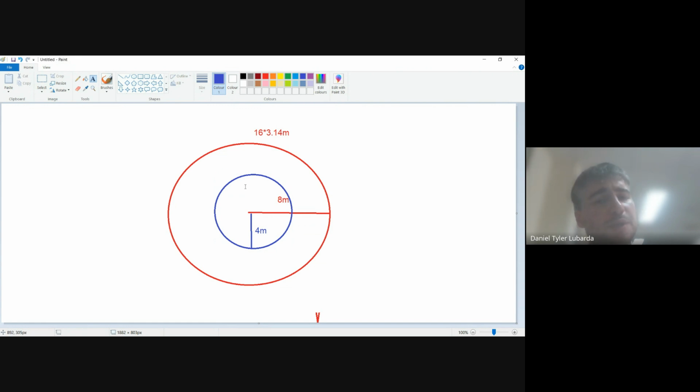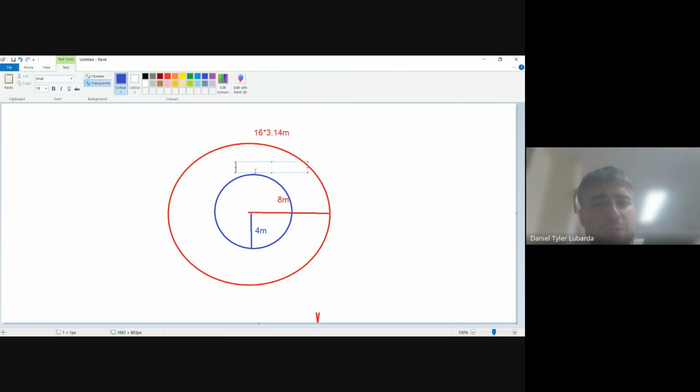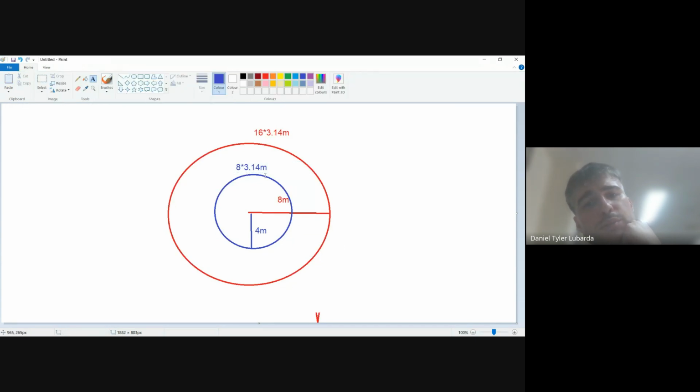Our circumference is going to be 2 pi r again. So our circumference is going to be 8 times 3.14 meters. So that means every time she does a full revolution, it's 8 times 3.14 meters. That's how far she goes. And if you notice, this is half the big circle's circumference.